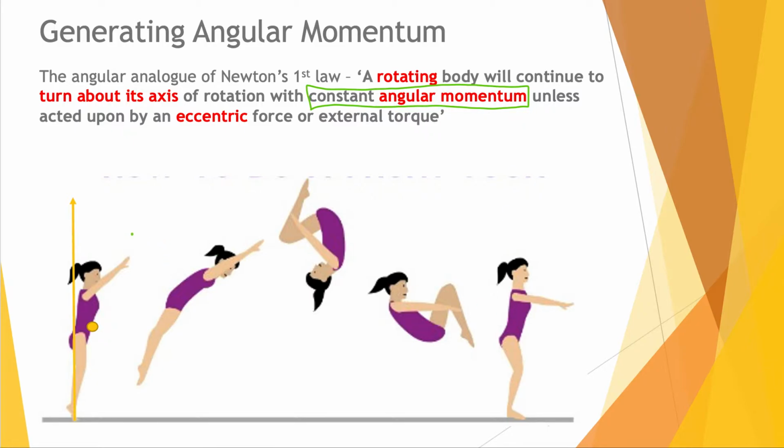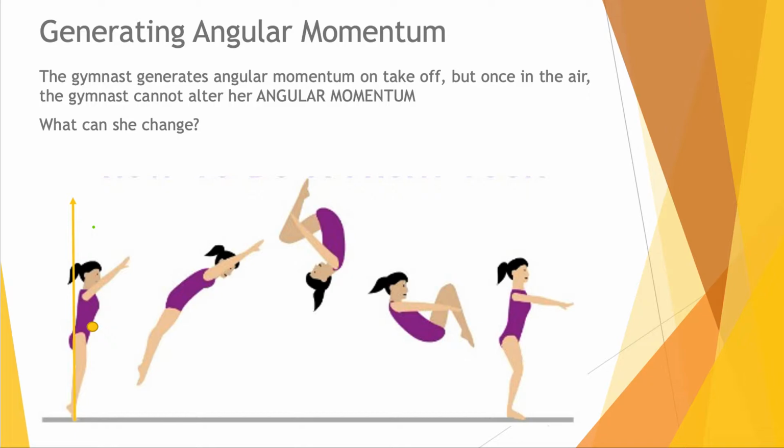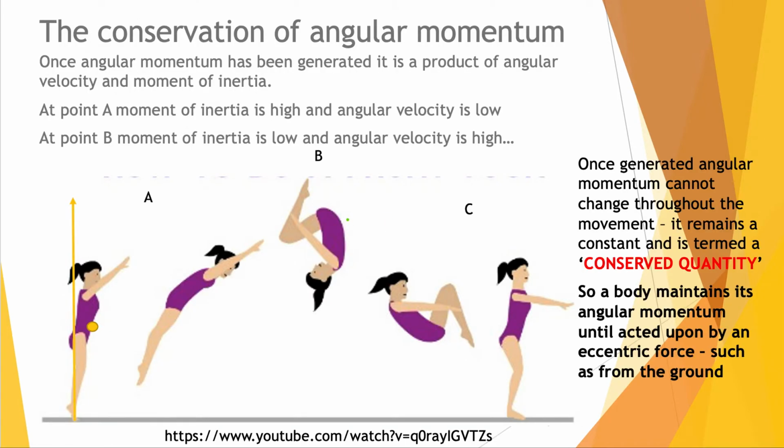Her angular momentum cannot and does not change while she's in the air. So the gymnast generates angular momentum on takeoff, and we've looked at that previously, but once she's in the air, she cannot alter her angular momentum. It remains the same. What can she change though while she's in the air?